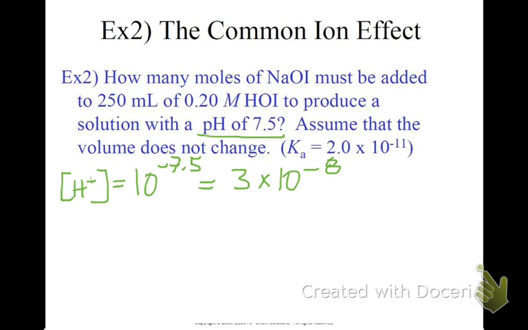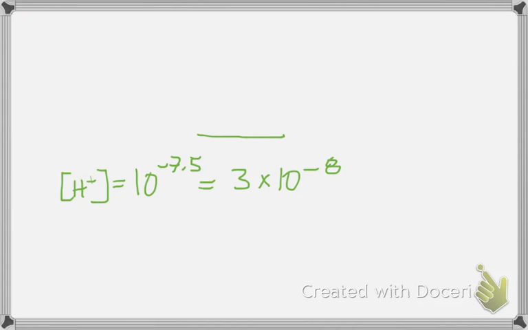Notice how I just write 3 because the 7.5 only has one sig fig. So our target H plus concentration is 3 times 10 to the negative 8th. Alright, let's go to a blank screen and carry that number over there.